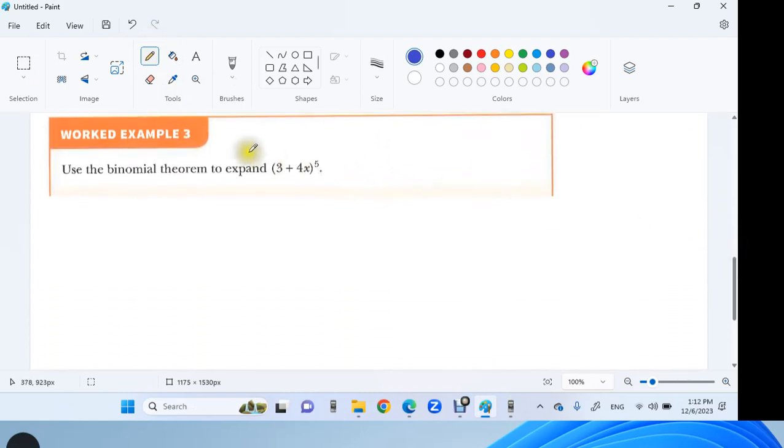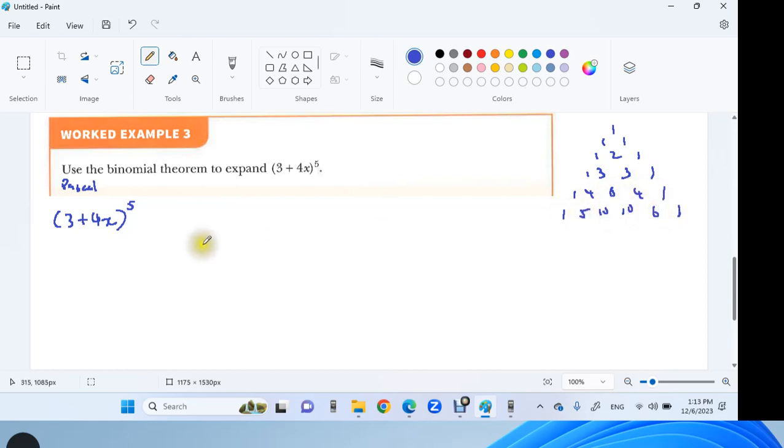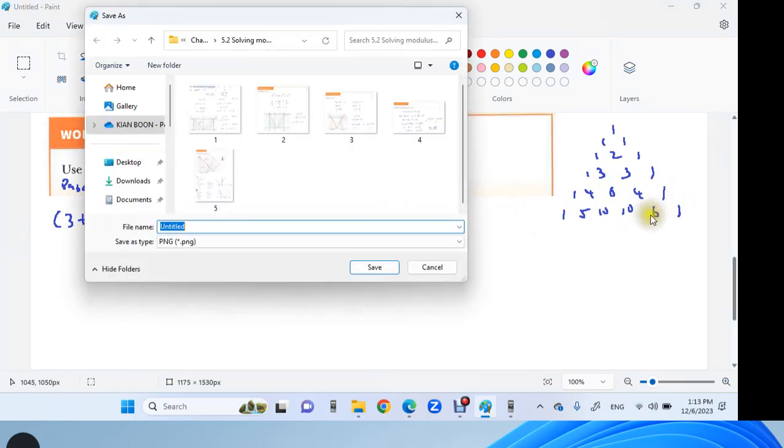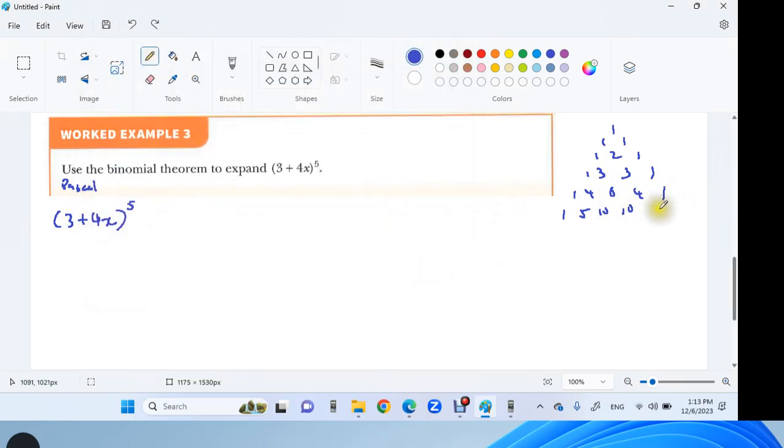For worked example number 3, they want us to use the binomial theorem to expand (3 + 4x)^5. If I use Pascal's triangle, it will be 1; 1, 1; 1, 2, 1; 1, 3, 3, 1; 1, 4, 6, 4, 1; and 1, 5, 10, 10, 5, 1.